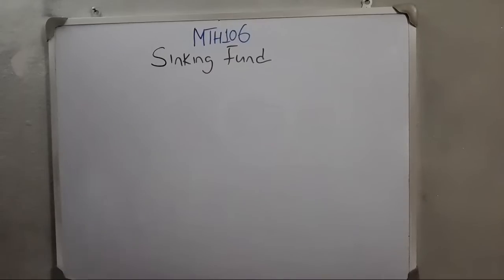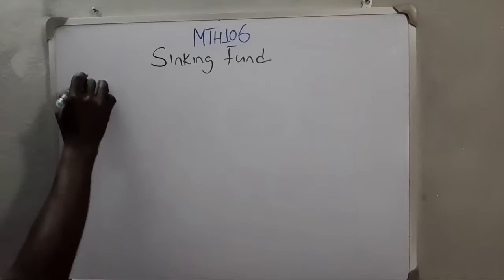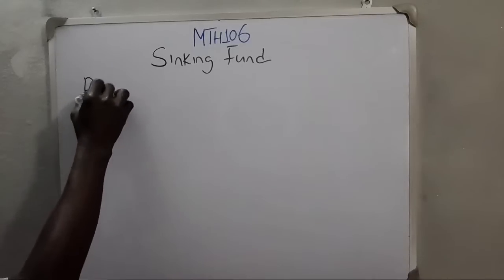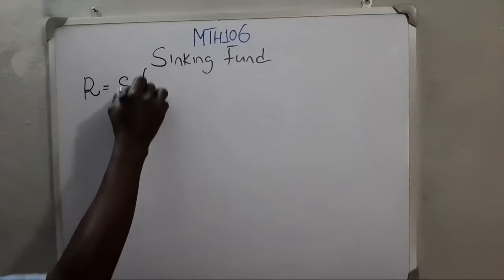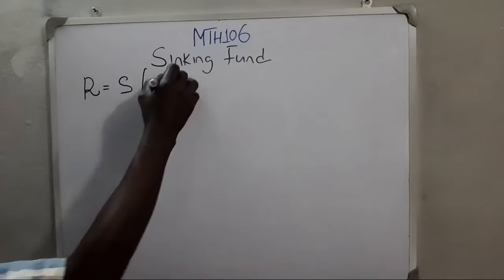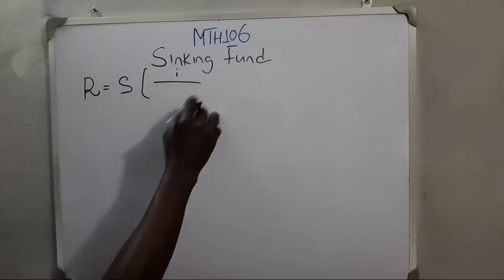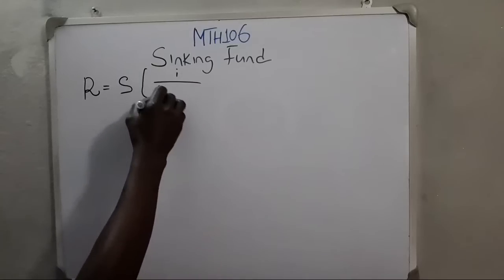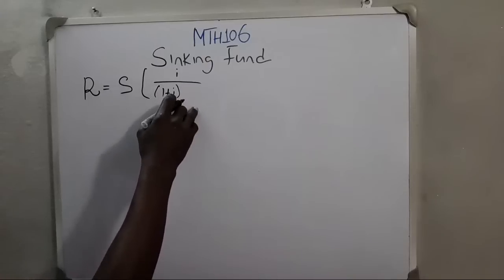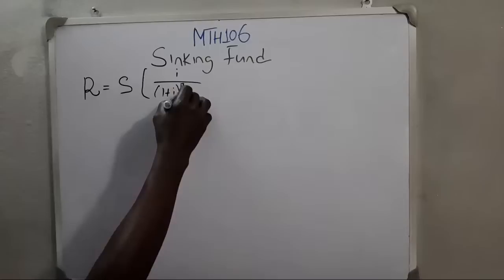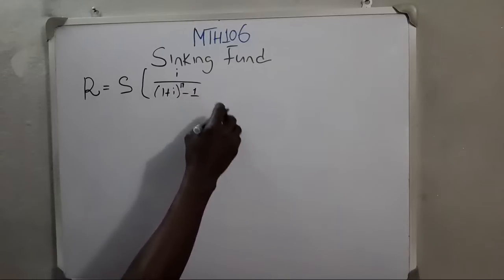Here is the formula for sinking fund. We have R equals S, open parenthesis, I over, I is a ratio, a percentage, over 1 plus I, close bracket, raised to the power of n minus 1.